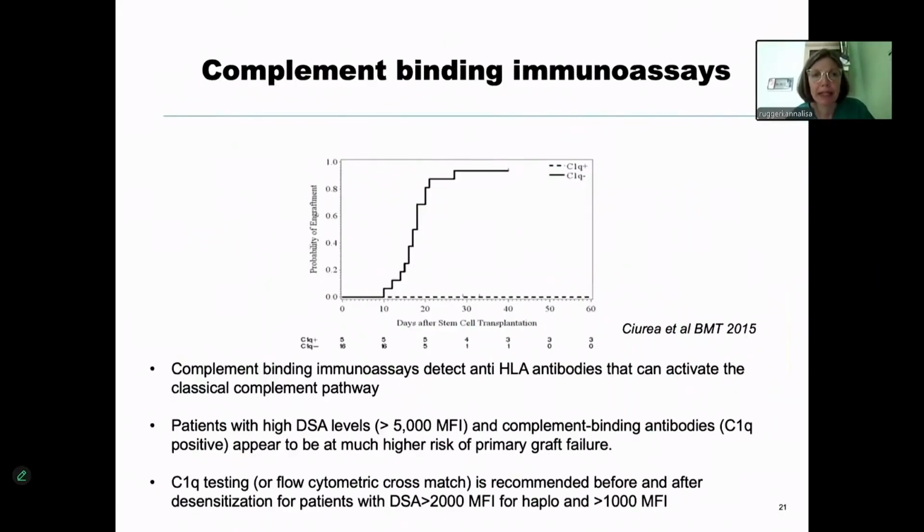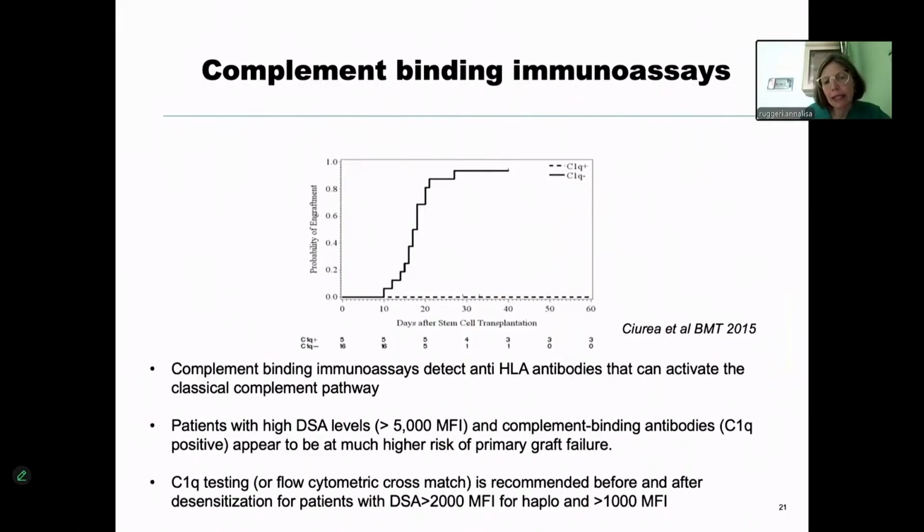Another important test which has been more and more used and is becoming frequent in the analysis is the complement binding immunoassay, which is able to identify the anti-HLA antibodies that can activate the classic complement pathway.